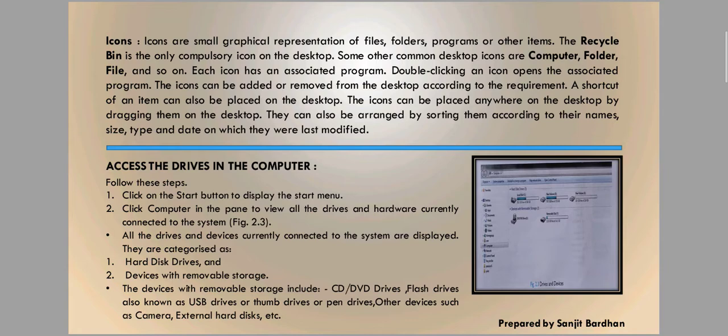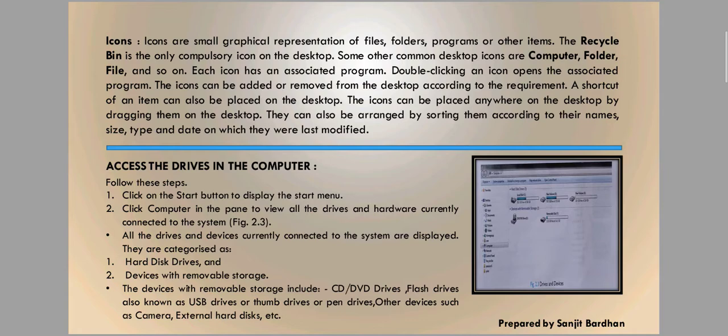Okay, next is that each icon has an associated program. Double click on an icon opens the associated program. The icon can be added or removed from the desktop according to the requirement. That means when we don't need any icon, then we can remove this icon. A shortcut of an item can also be placed on the desktop.